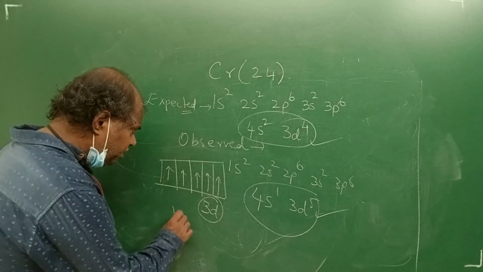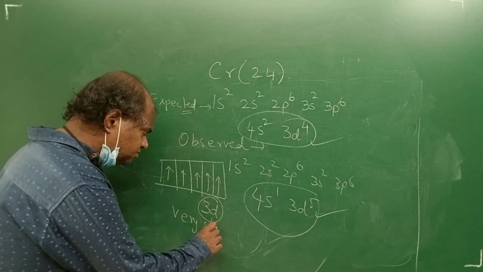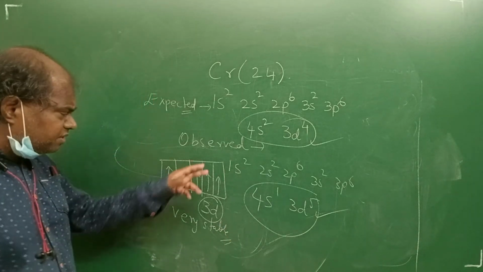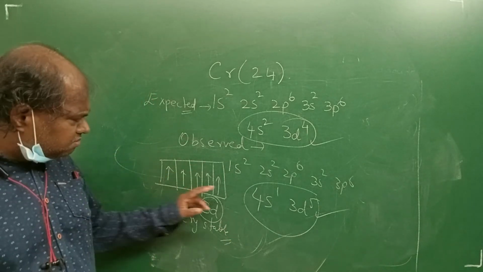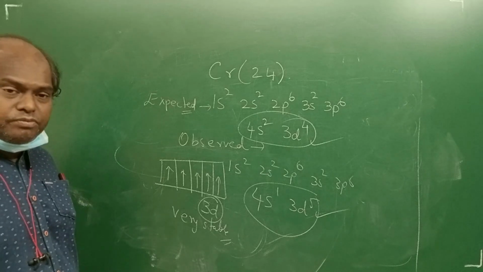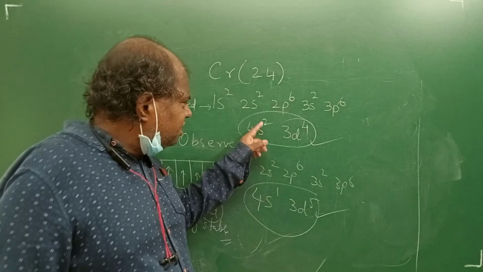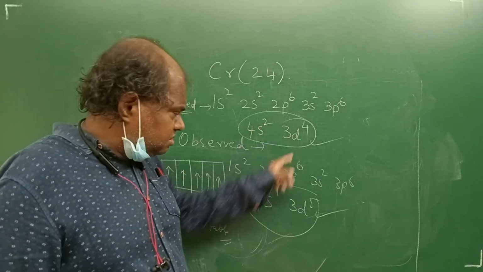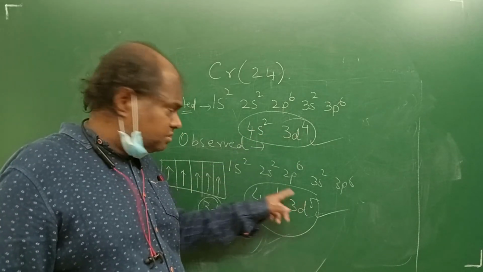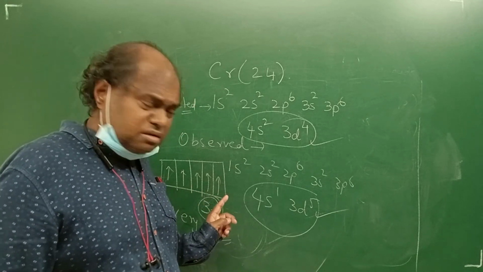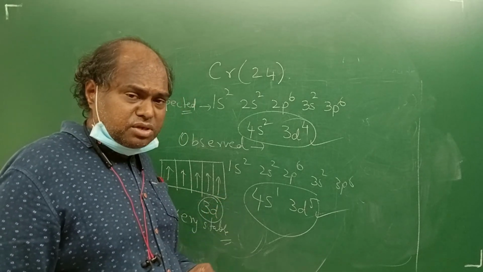So half filled orbitals, please remember, are very much stable, because electrons can jump from one place to another. So you shift one electron, 4s1, 3d5, making it half full. Clear? Because half filled is more stable.